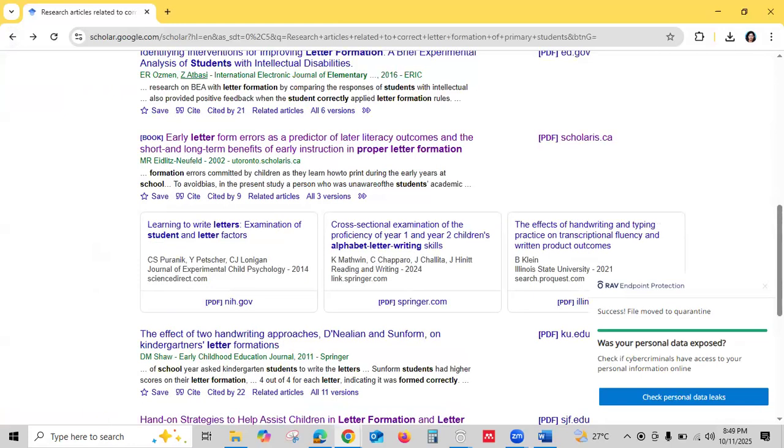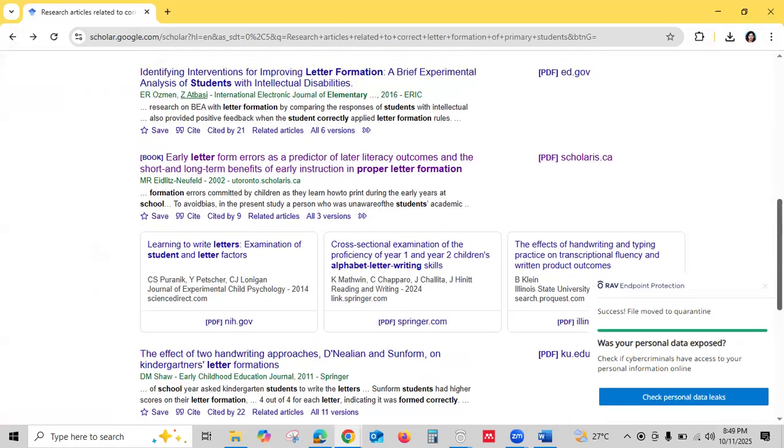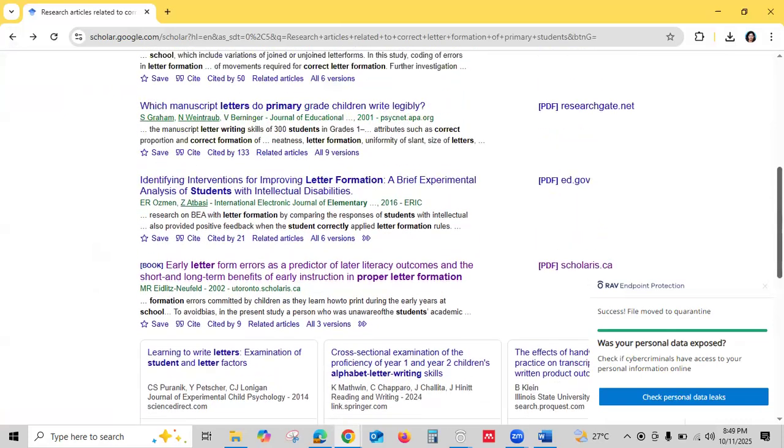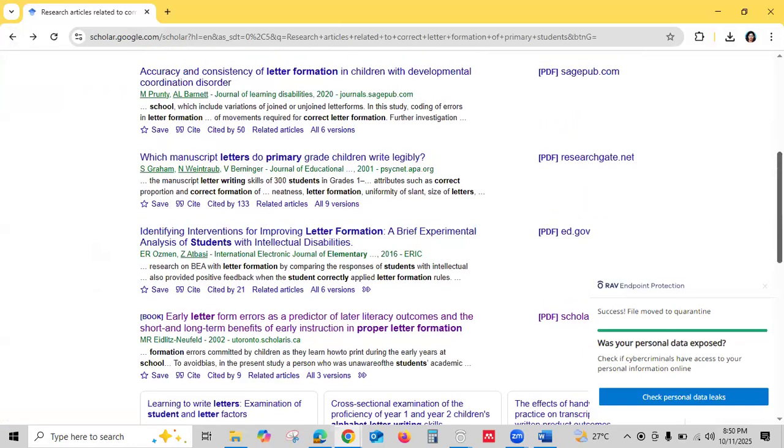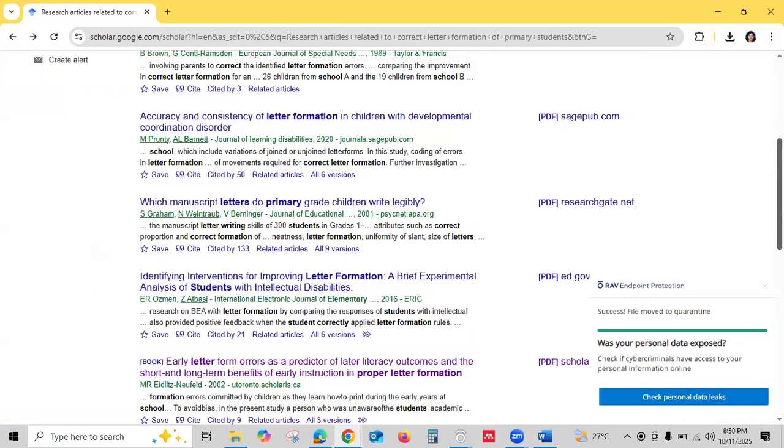Okay, madam. Research method is experimental research. Learning to write the letters of the alphabet is an important part of learning how to write conventionally. In this study, experiment method.